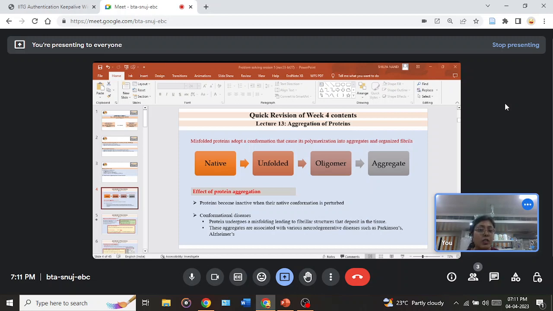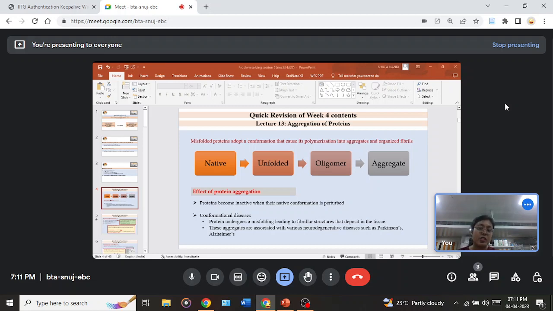Later on, it aggregates and forms an oligomer, and in the last stage, it forms an aggregate. So these four stages, that is native, unfolded, oligomer, and aggregate, are the basis for the transformation from a native protein to an aggregate one.